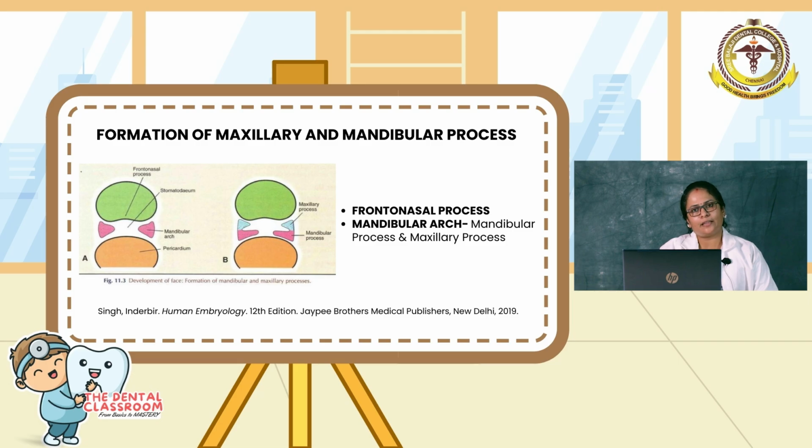The 2 maxillary processes grow medially and upwards and form the upper jaw, the lateral part of the face and the cheeks. They also play a role in shaping the upper lip by merging with the medial nasal prominences. So the first arch alone is responsible for the most basic framework of the face, the upper and the lower jaw.